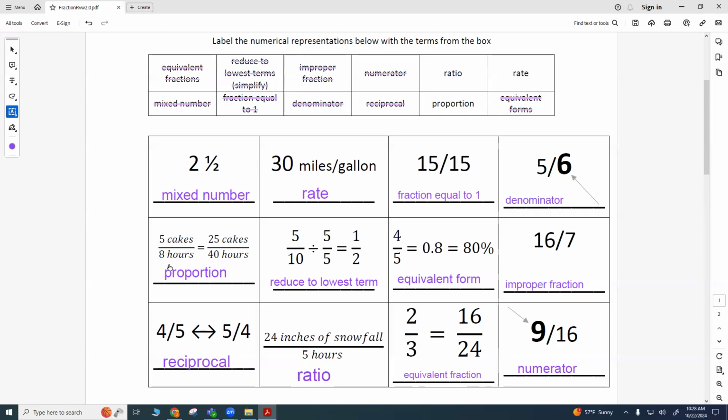So for every 8 hours in the kitchen, I can produce 5 cakes. So if I need to produce 25 cakes, then I would have to say, okay, that's going to take me 40 hours, right? So proportions help you keep things in scale, or in proportion, and either make them larger or smaller within that ratio.